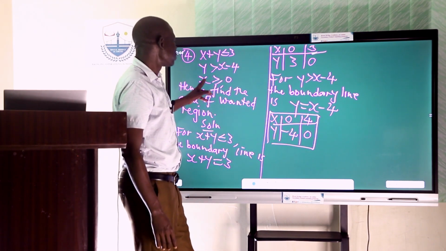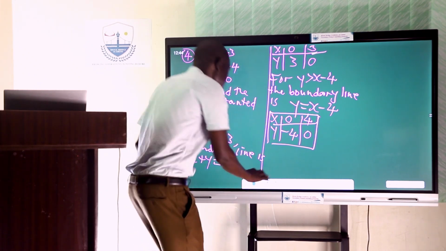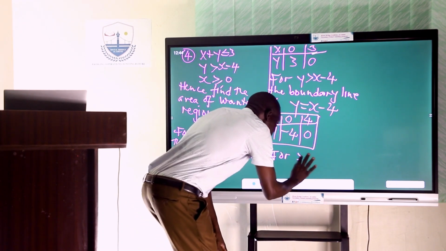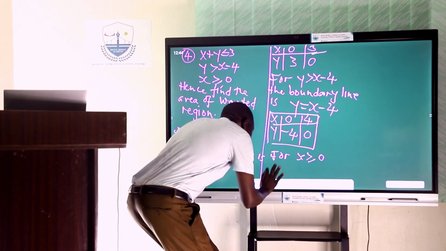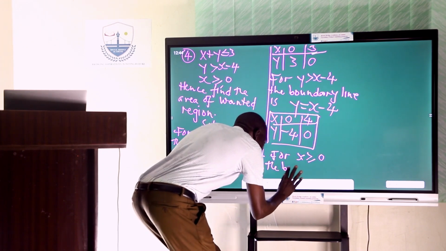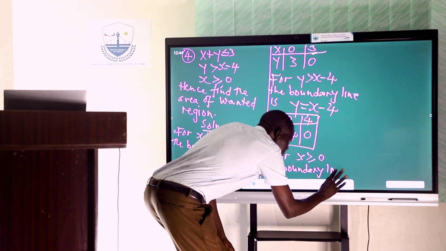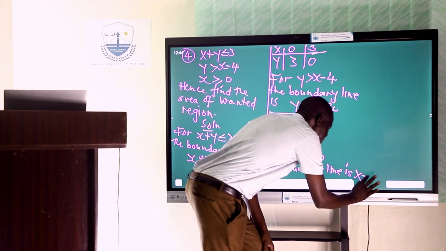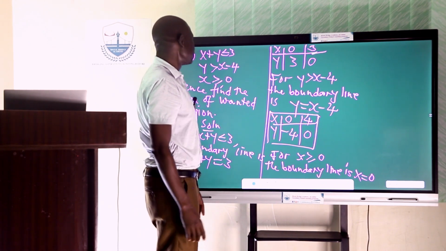Then, for this one here, this is automatic. For x is greater or equal to 0, it means the boundary line is x is equal to 0.